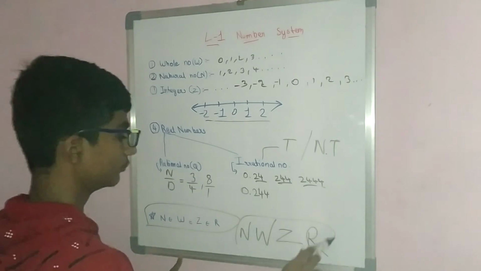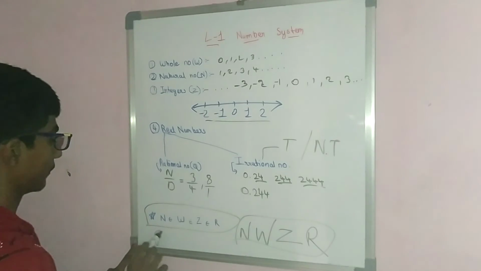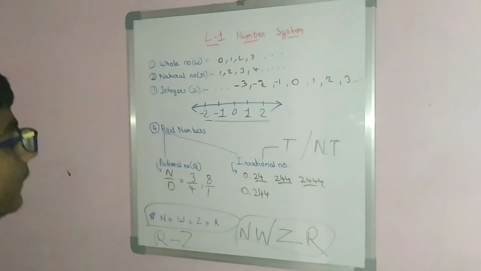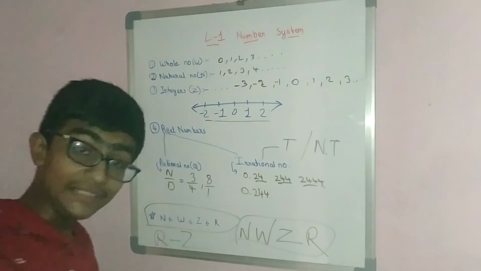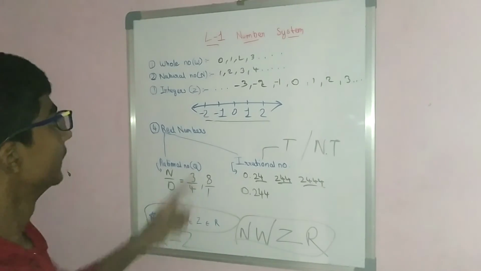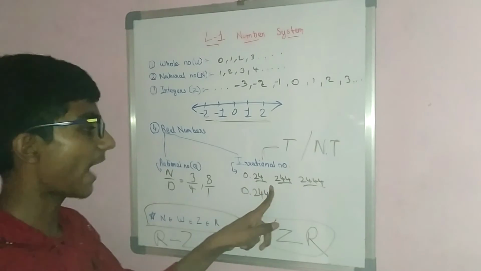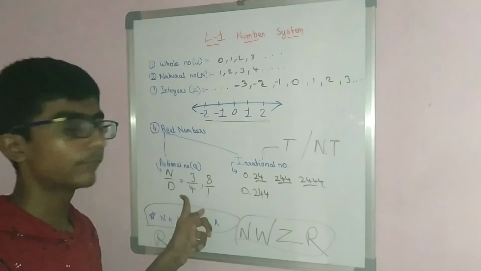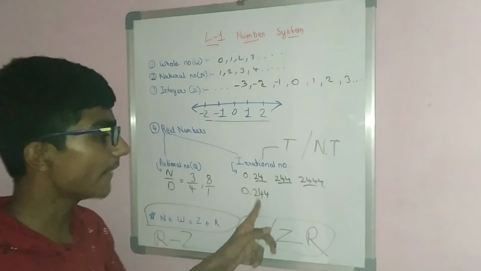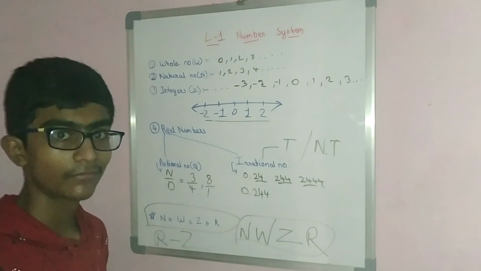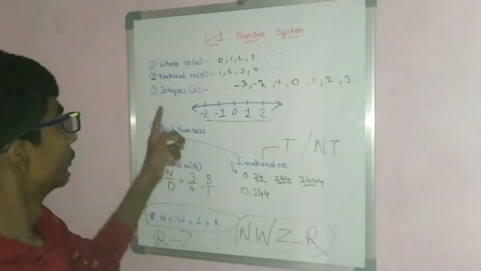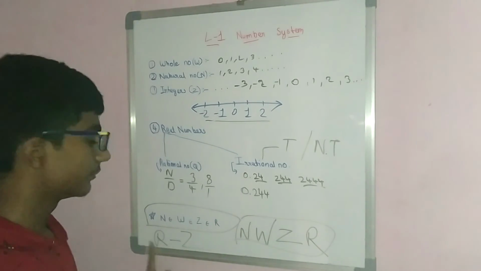But we cannot do vice versa of this, because all real numbers cannot be integers. Or can they be? Let's see. Integers do not have 0.2444. They have numerator upon denominator form numbers, but they do not have decimal numbers between them.